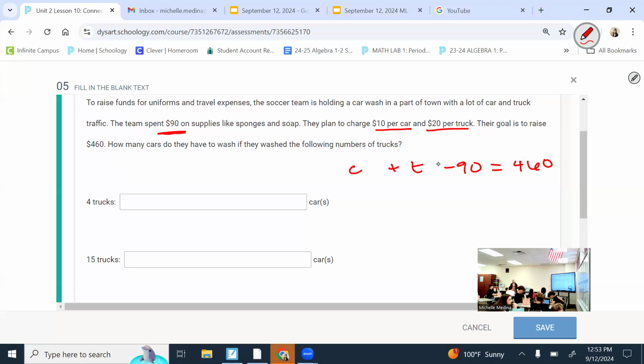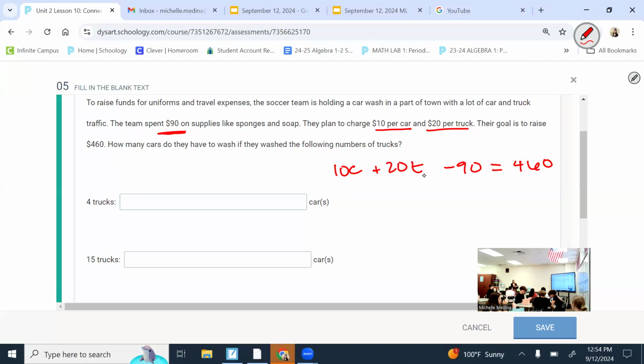And anything else? So 10 in front of the C, because it's 10 per car, that would be for however many cars, or 10 times C. And then 20 per truck. So this would be the equation. And you can simplify, which probably makes it really easy for you. But this is our setup for answering these.